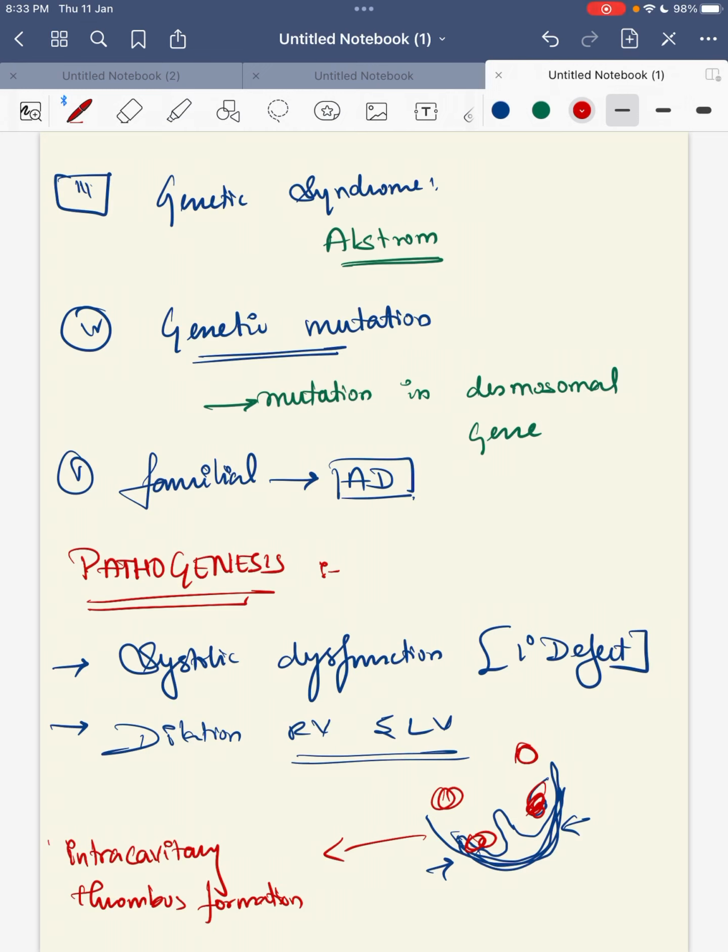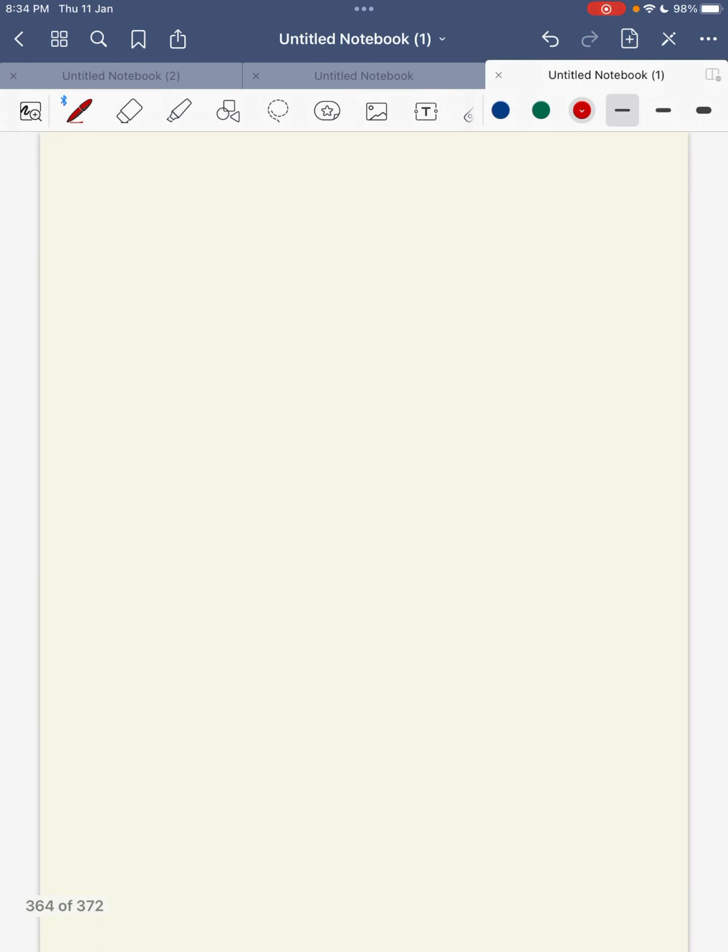This can also be one of your PG questions. Next, going on with its pathology. In biopsy, you can see myocyte hypertrophy and fibrosis.